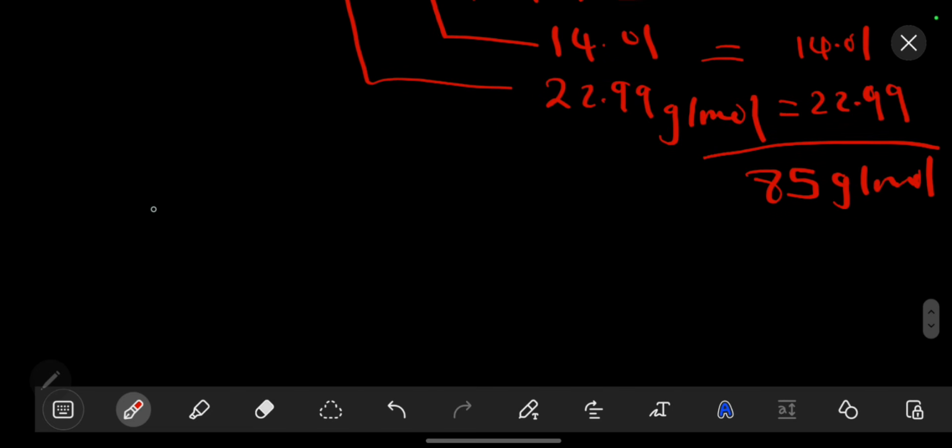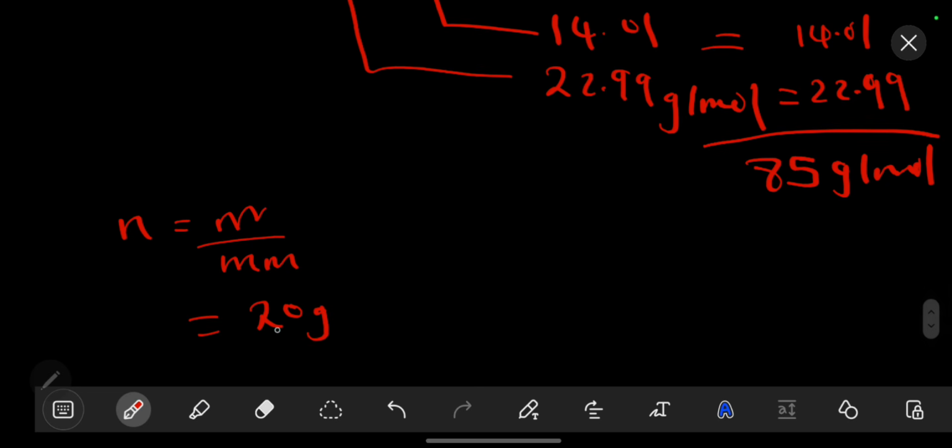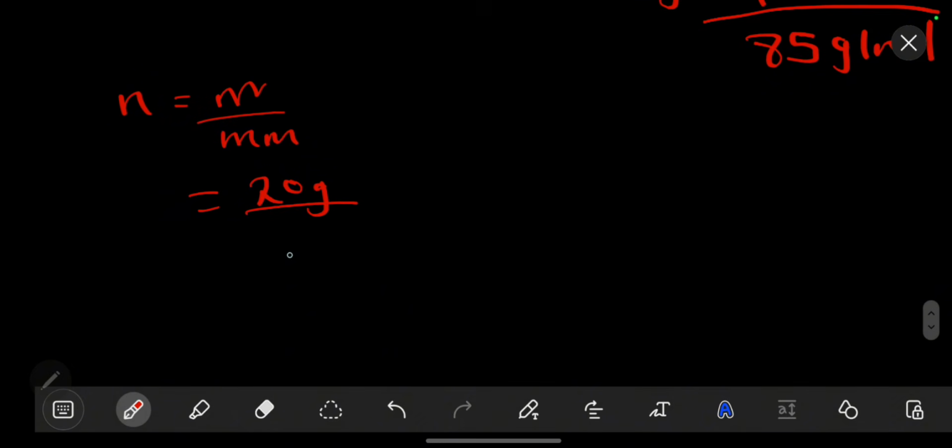From there we calculate. Our number of moles is equal to the mass over our molar mass. So our mass is 20 grams, over our molar mass, which is 85 grams per mole.